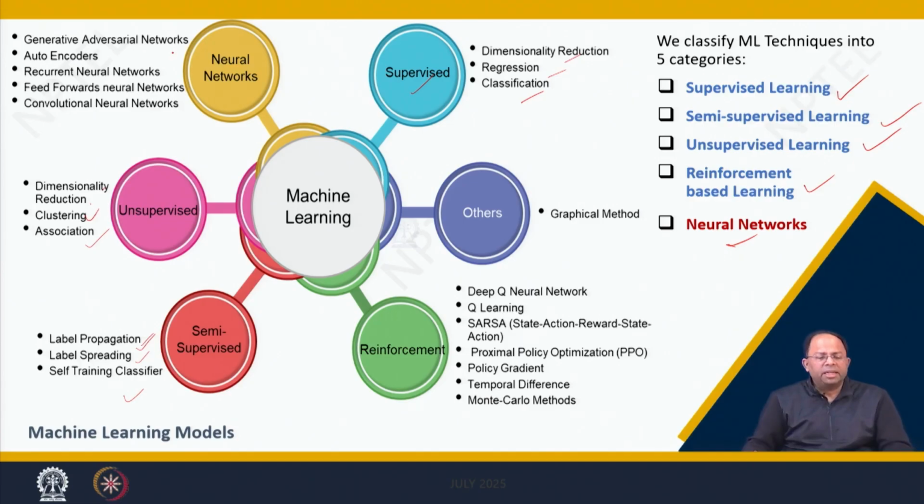Then there are generative adversarial networks, where we generate new information, new solutions. Then recurrent neural networks, where time is important, so most time series models come under this. Feed forward neural networks are the standard, where we gradually revise the weightages given to the different parameters.